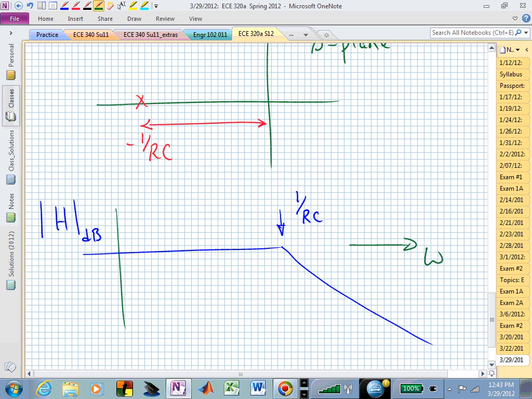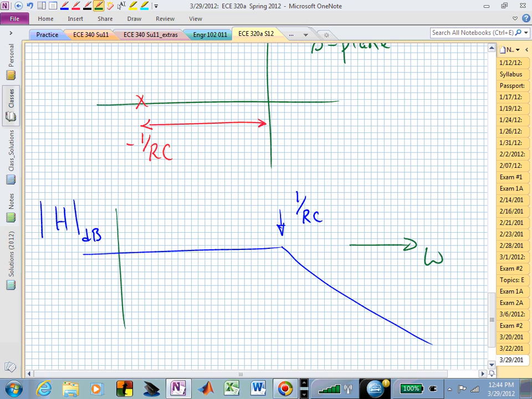And if we wanted a bandwidth of 1 radian per second, we would select our resistor and our capacitor such that 1 over RC was 1. If we wanted a wider low-pass filter, and maybe with a cutoff frequency, that's what that particular break is called, the cutoff frequency. These are just straight line approximations to our actual frequency response behavior.